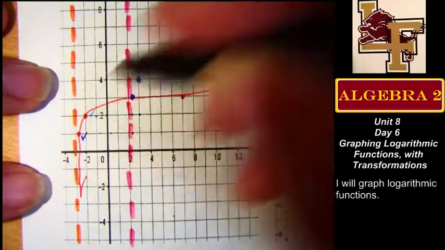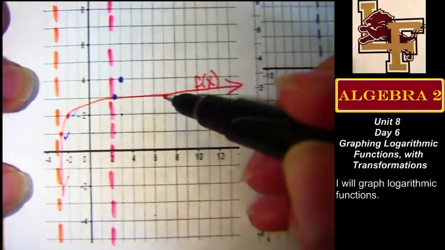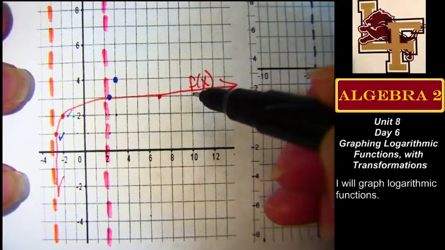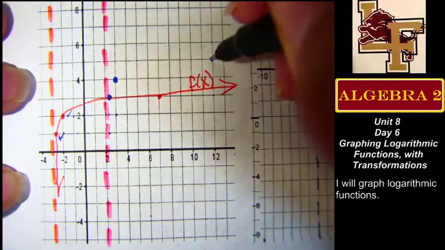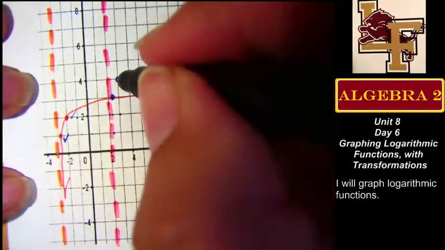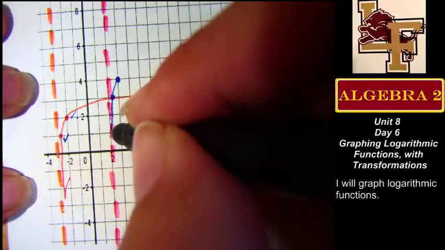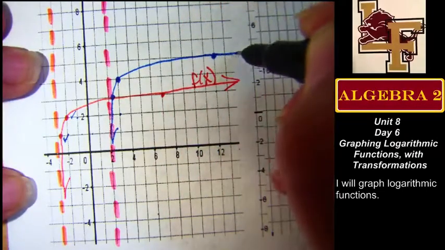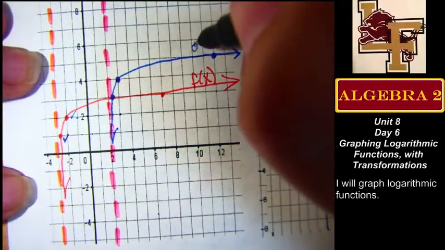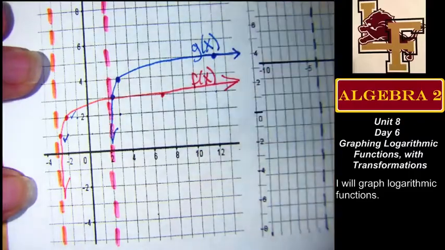I did this point. And now this one. 1, 2, 3, 4, 5. 1, 2. And so now my transformed graph looks something like that.